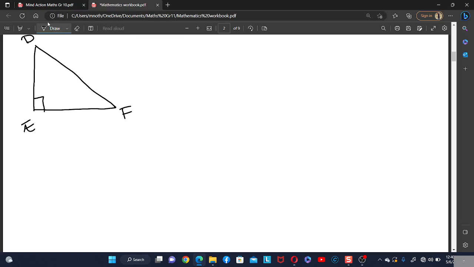This is beta, and this one, let's say, is theta. This is 12, and this is 5.